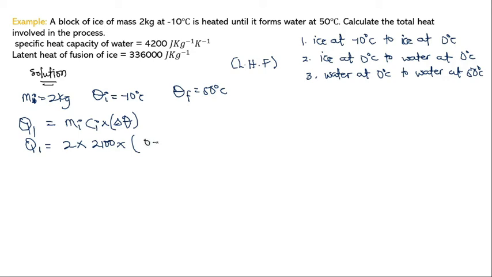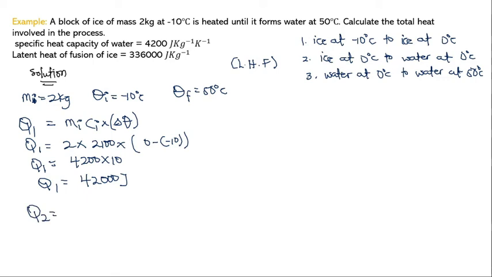So we have 0 minus negative 10. So we have our Q1 to be equal to 2 multiplied by 2100, which gives 4200, multiplied by 10. And then Q1, which is the heat involved in the first process, is 42,000 joules. All right, so let's find Q2.